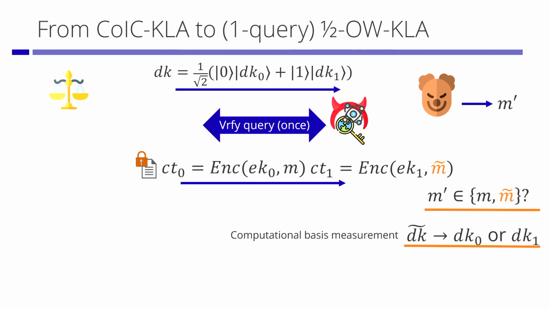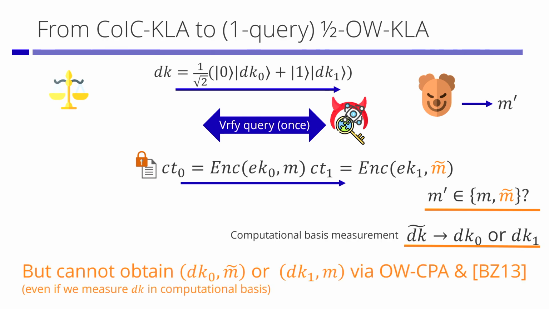And by using measurement, we can get DK0 or DK1 from the queried decryption key. However, this contradicts the one-wayness of the encryption scheme, which is implied by COIC security. We can show that we cannot obtain DK0 and M tilde or DK1 and M by using the Bonnet-Chandler lemma. So we can obtain half one-way carrier security by using COIC security.